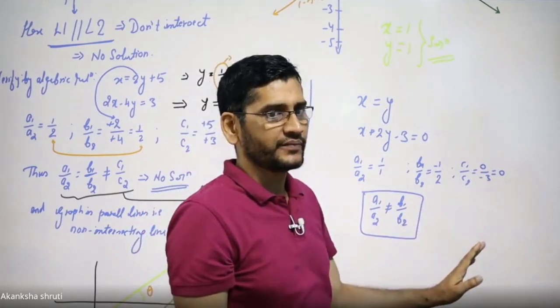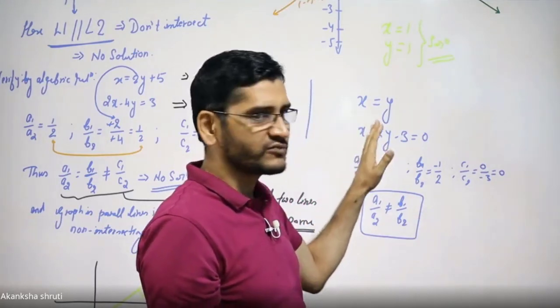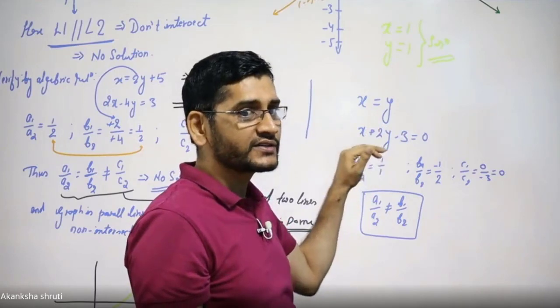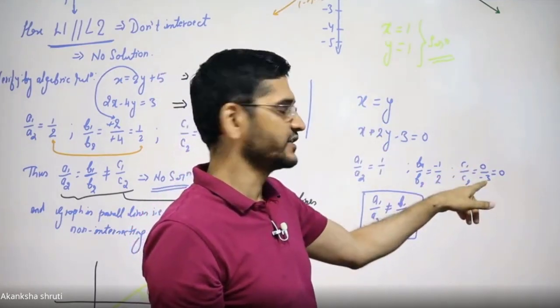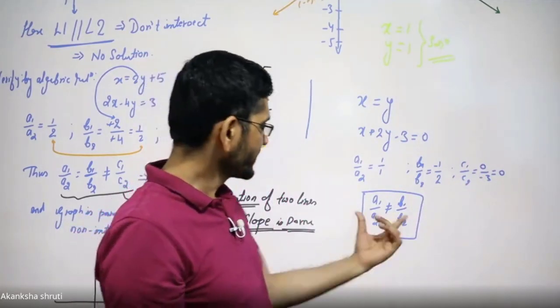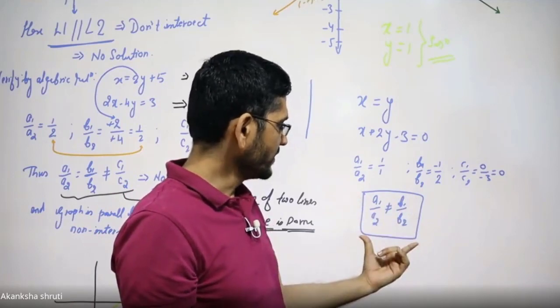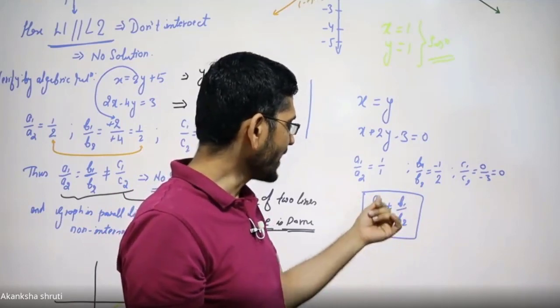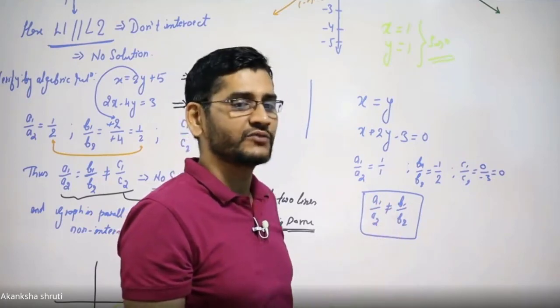Even if the second equation is given as x is equals to y, you cleverly consider that equation as the first one. Otherwise you will get the 0 in denominator and it is indeterminate. That's why this situation is simply verified by a1 by a2 not equals to b1 by b2. No need to take c1 by c2.